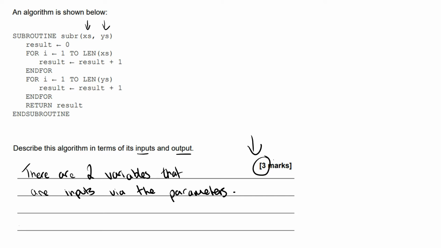We also need to think about the data type that these variables might be, and our clues here are in the rest of the code. So if we take a look at the rest of the code, result isn't that one, so where's XS and YS? So what it's doing is it's iterating for the length of XS and to the length of YS.